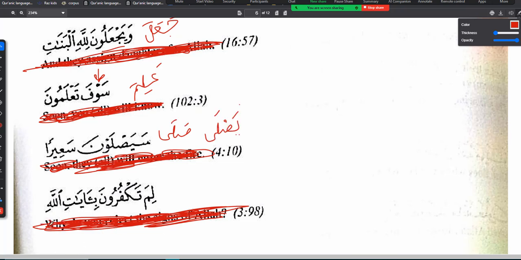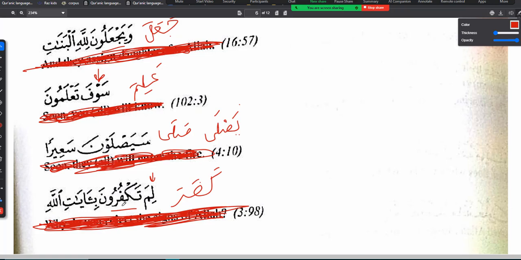Then we have lima takfuruna bi ayatillah. So which is the madi and mudari? Kafara yakfuru. Very good. What is the pronoun? Tell me the pronoun. I should not be asking. You should tell me. Antum. Antum takfuruna. So what is lima? Where did we learn lima? Very good. Lima is a question word. So lima takfuruna, how can you translate this?